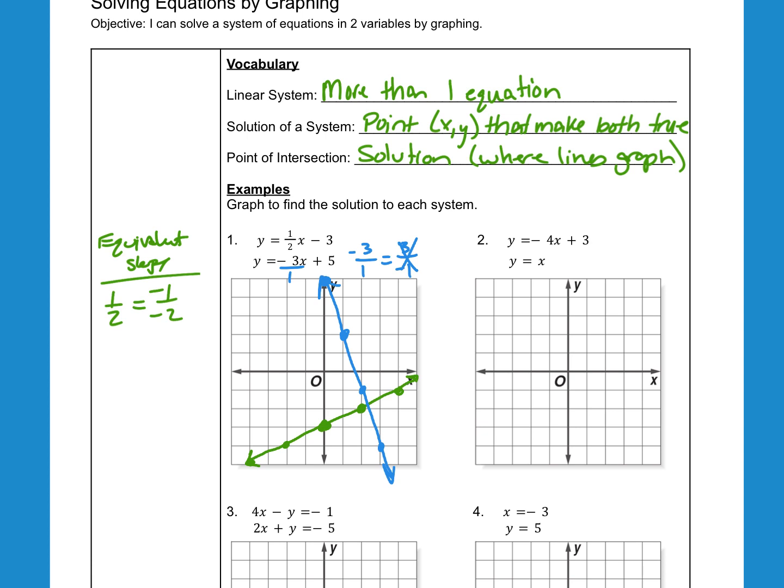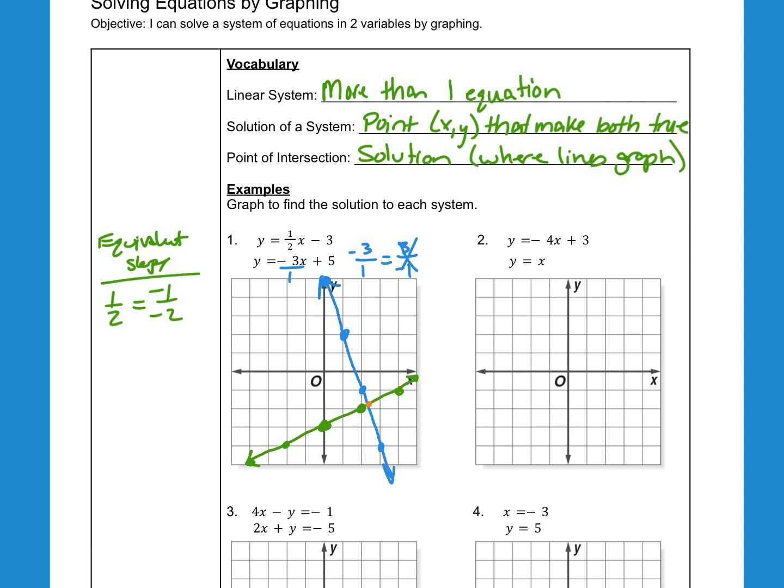The solution is going to be the point where they cross. This is a really good example of why we don't always want to use graphing to solve a system, because these don't cross at a whole number ordered pair, so we have to do some estimating. It's going to cross right here at this orange dot.